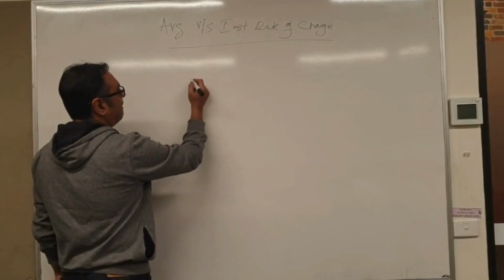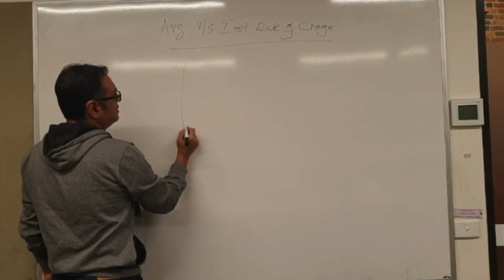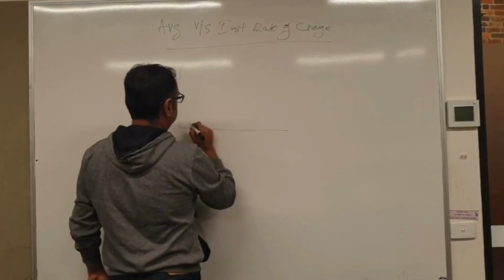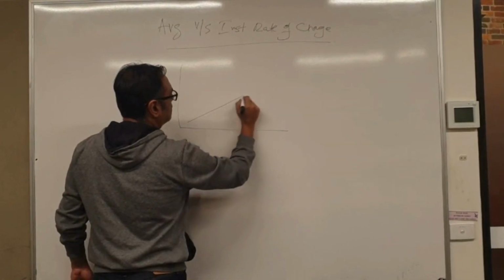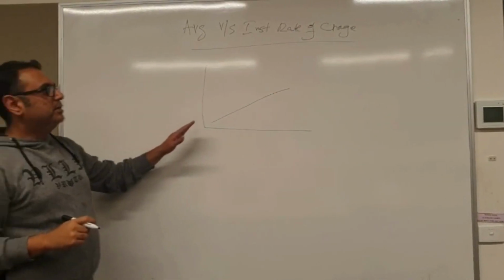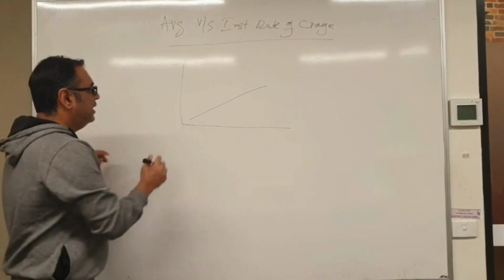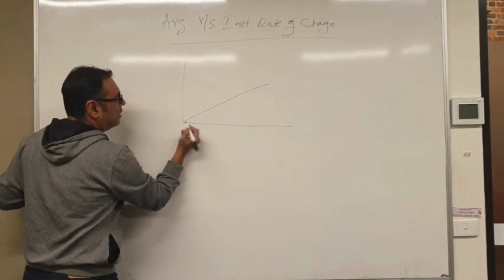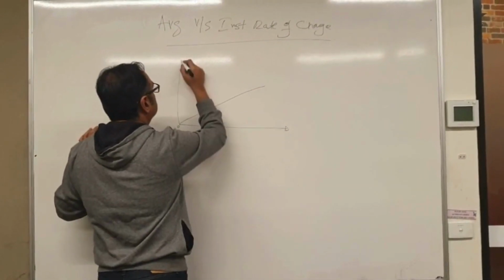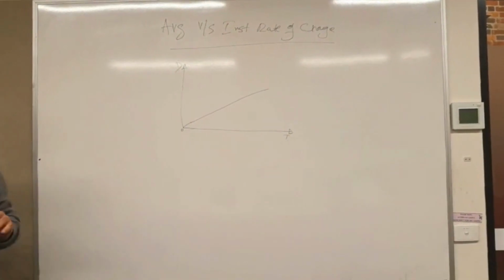Let's say I can give you multiple examples. Let's take the example of, let's say you are driving a car, right? And this is your distance versus time graph of how you're driving.